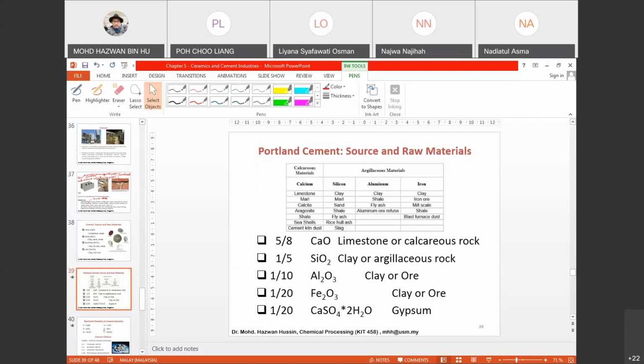So this is actually a standard formula or a standard ratio to produce Portland cement. You can find it in different percentages depending on the application of cement, but this is the most commonly used percentage of materials.